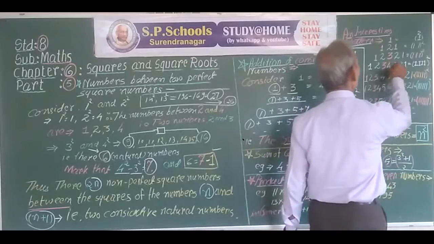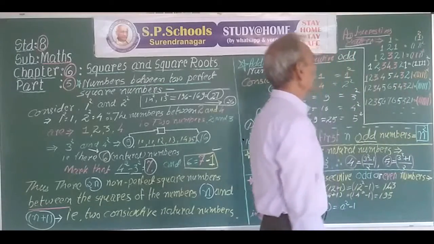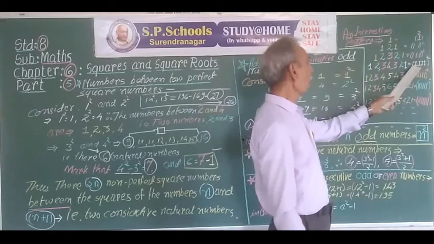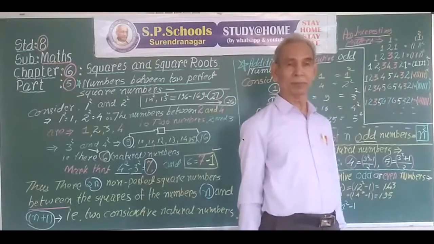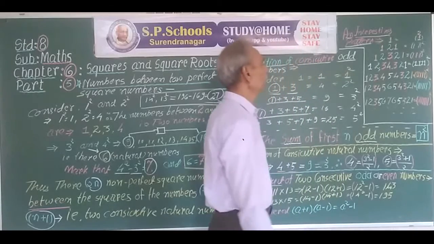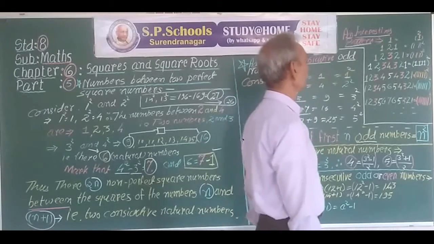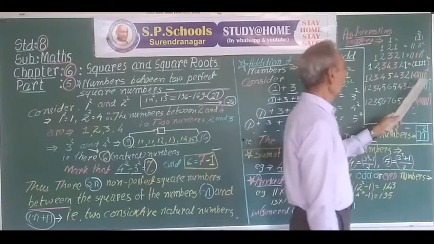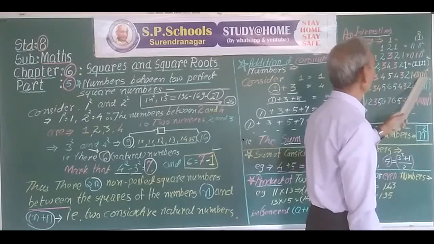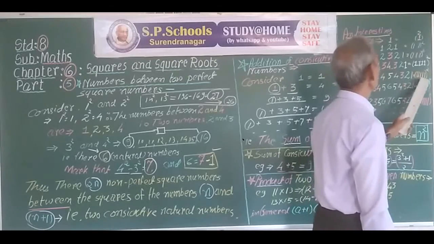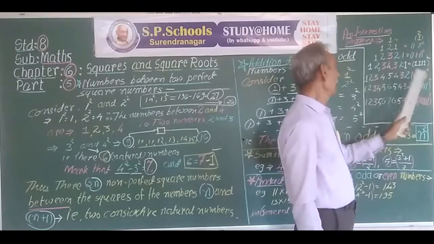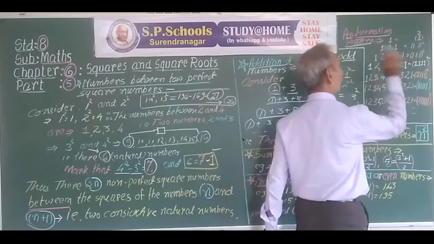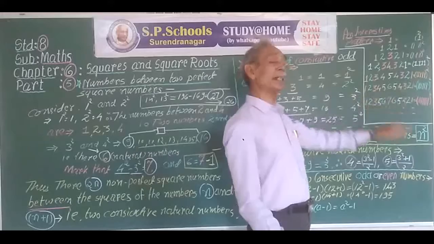It is 1234321, the square of 1111. Similarly, the square of 11111, that is 5 ones, will be 1, 2, 3, 4, 5, 4, 3, 2, 1, increasing and decreasing.